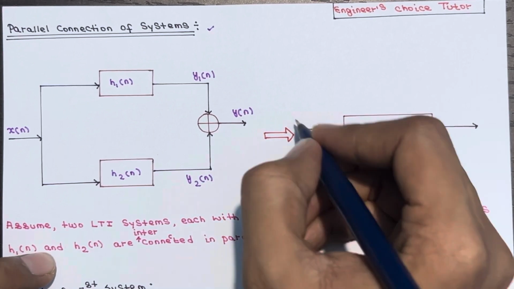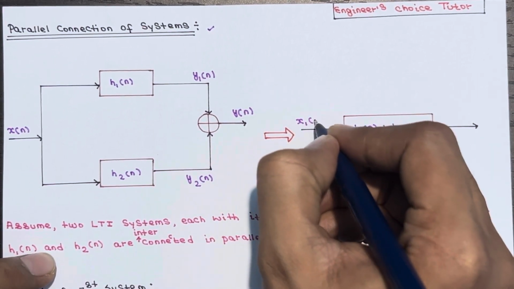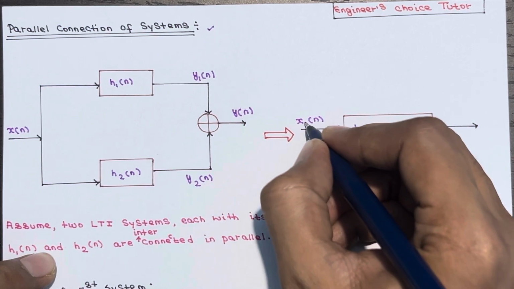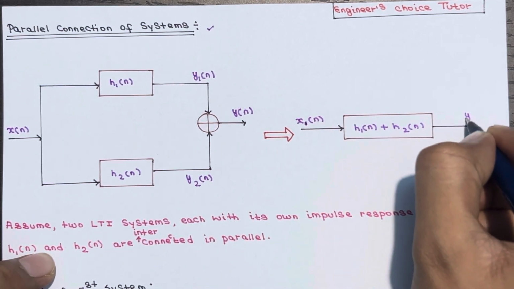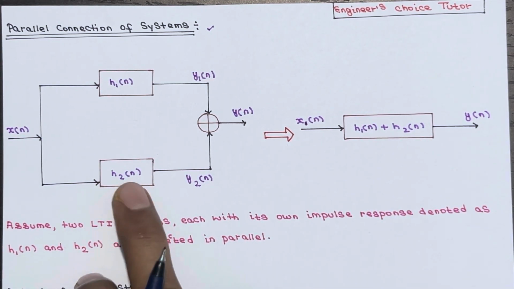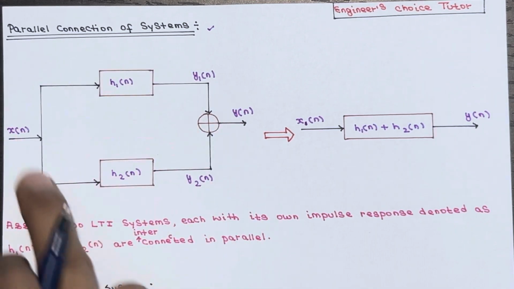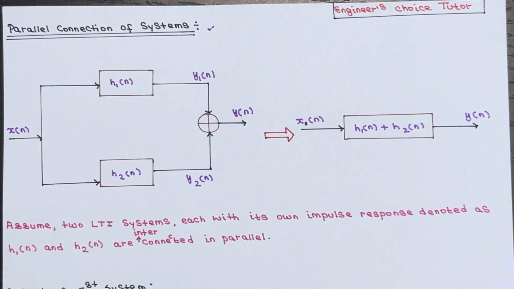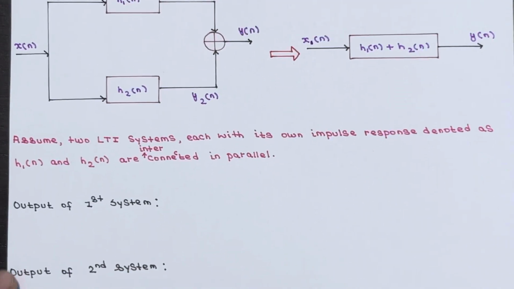The input is x of n and the output is y of n. This is the parallel connected systems, and this is their equivalent system.